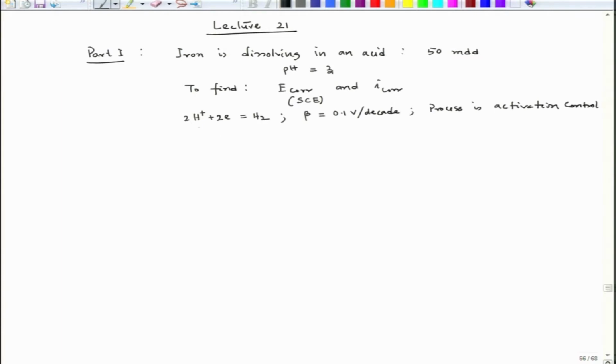and we also have to see another data, which is iron. The atomic weight of iron is 55.85 gram, and we are taking n to be 2.